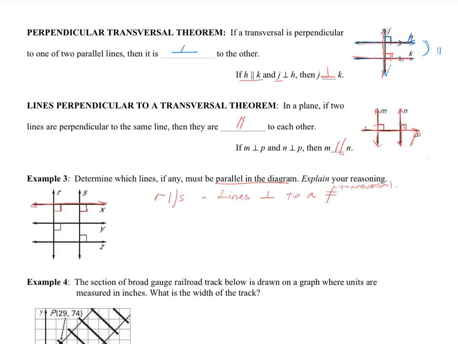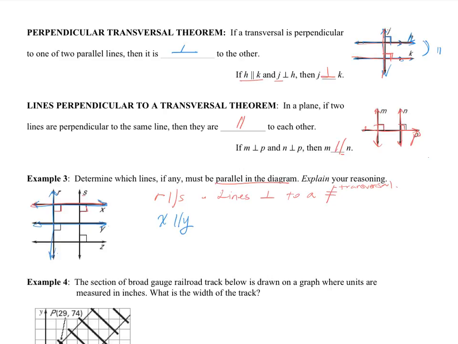And then we can also see that line X and line Y are both perpendicular to line R. So by the same theorem, we can say that X is also parallel to Y.